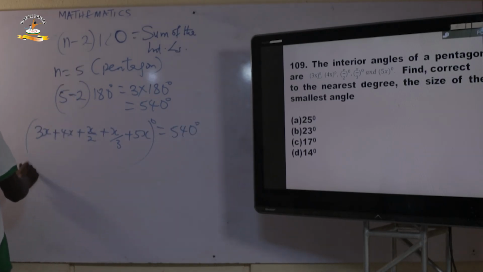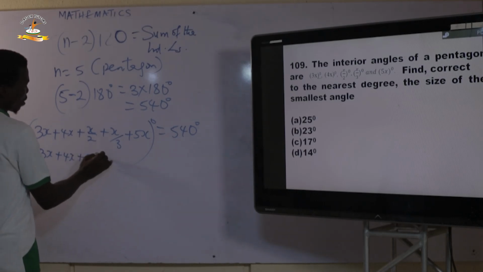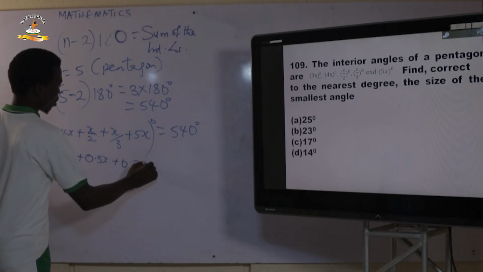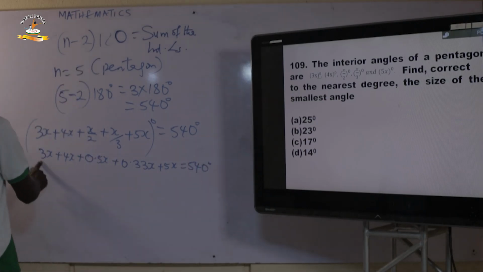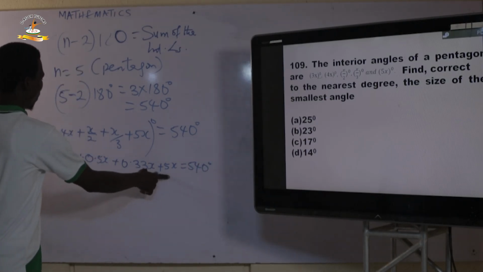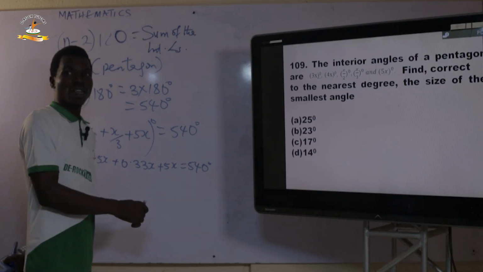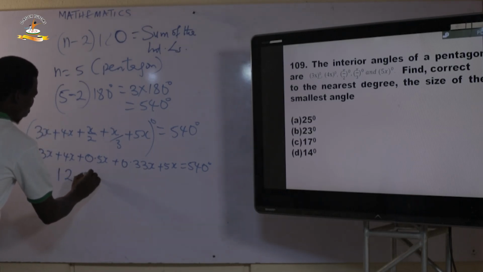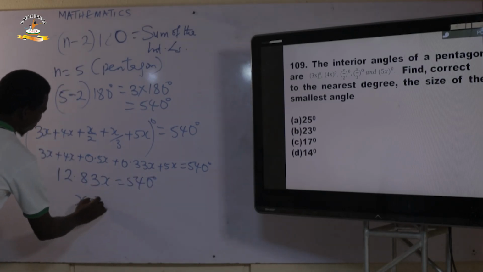And 3x plus 4x, plus this half means 0.5x, plus this one is 0.33x, plus 5x equals 540 degrees. 3 plus 4 is 7 plus 5 is 12. 12 plus 0.5 is 12.5 plus 0.33 is what? 12.83x equals 540 degrees, and x is what?